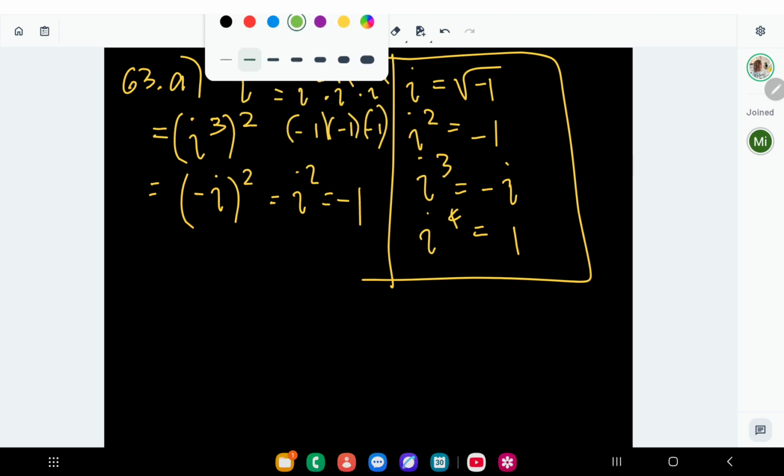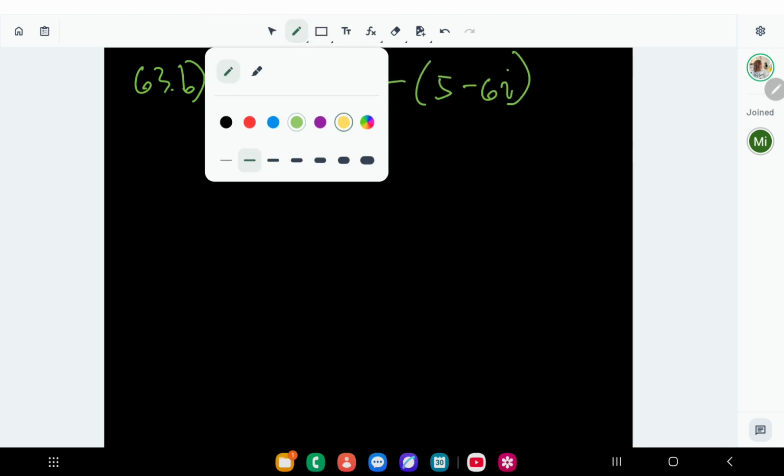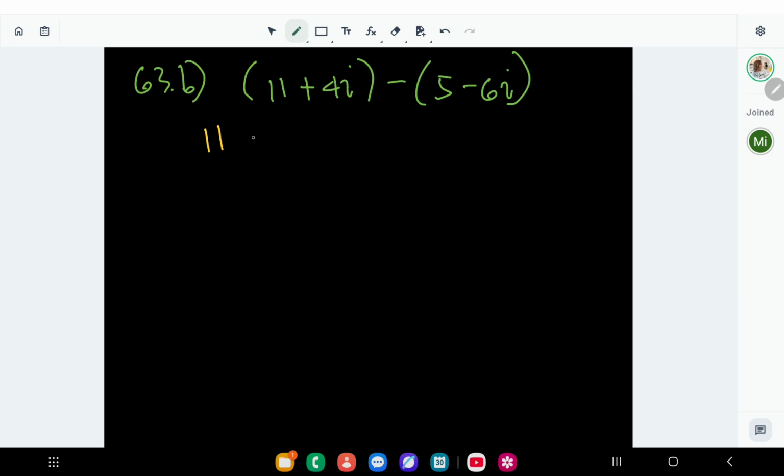Then for letter B, 63B. 11 plus 4i minus 5 minus 6i. We get rid of the parentheses to solve this.